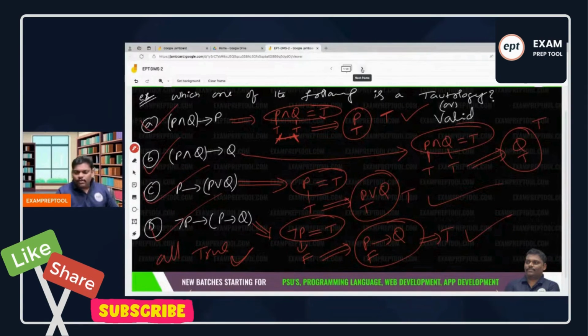Now see this one. I think almost everyone got it. Next Saturday, discrete mathematics test. Sunday, TOC test. Saturday is discrete mathematics, please be careful.